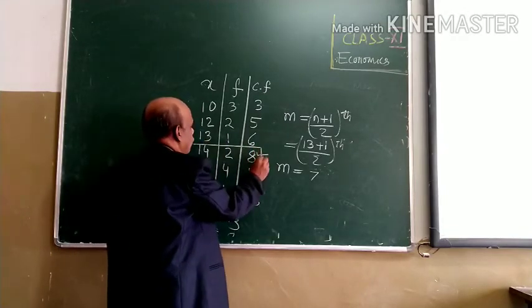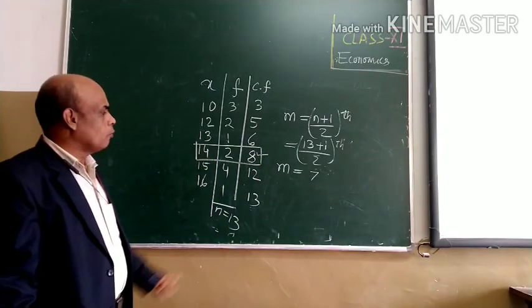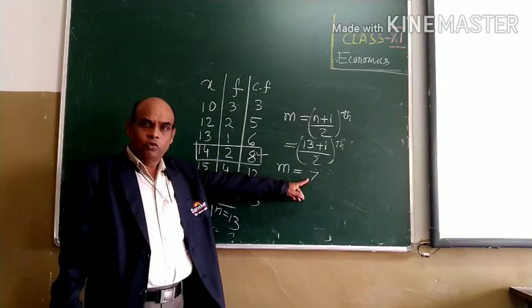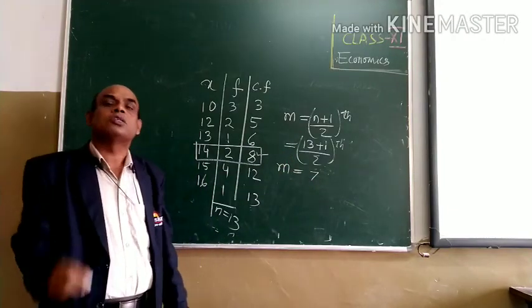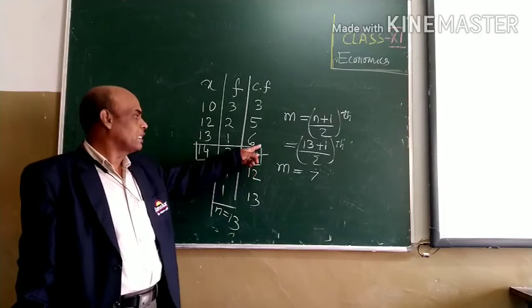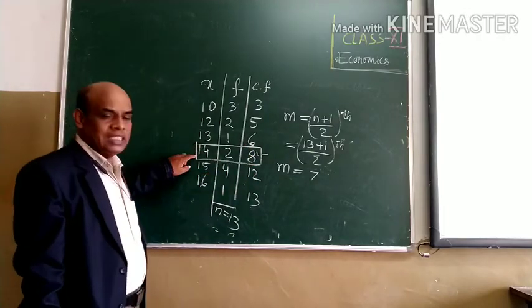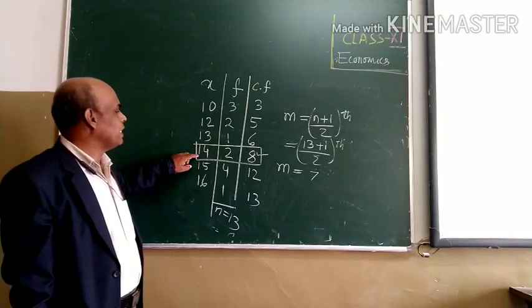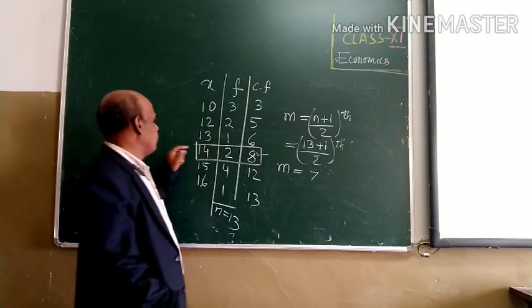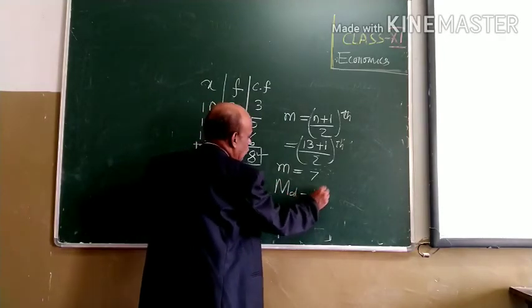So make it a box. You will find that number from the X data, that will be the median. So the median will be 14. You will write median is equal to 14.